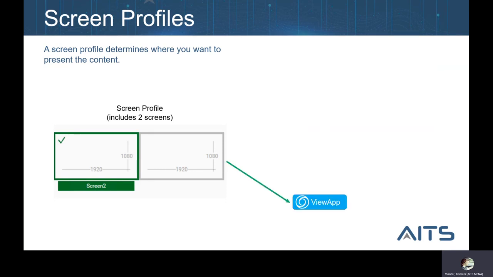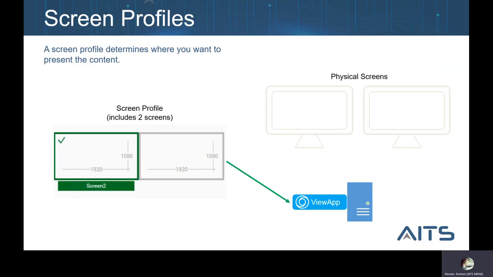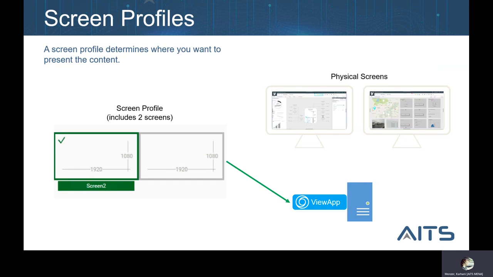And then at runtime, when I open my instance, my view application will open 2 windows, and I simply drag and drop the right windows onto the right screen. This is only for the first time. Next time I open the view app, it will automatically assign the right window to the right screen.